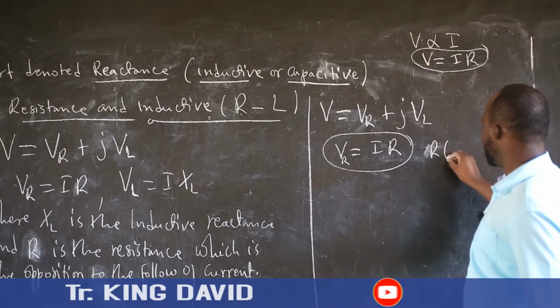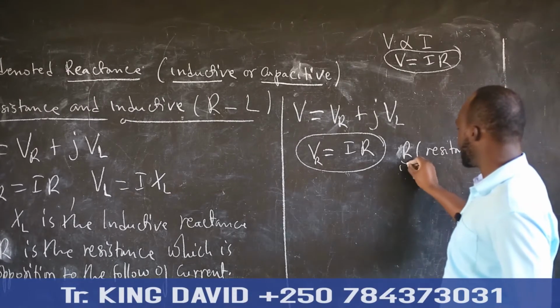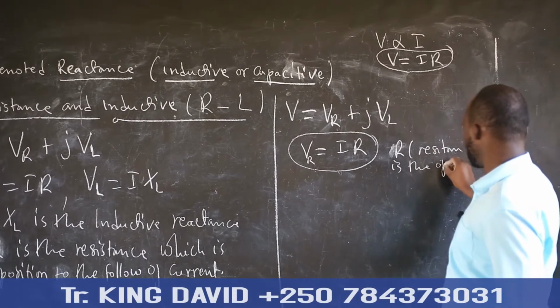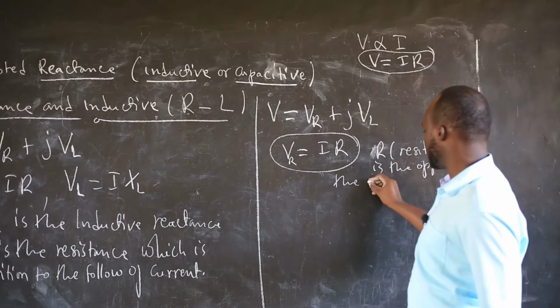R is resistance, and you know that resistance is the opposition to the flow of current.